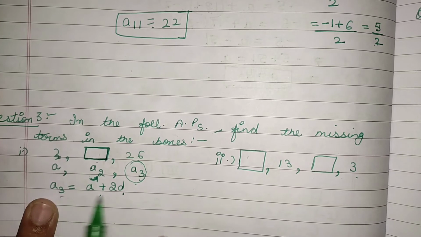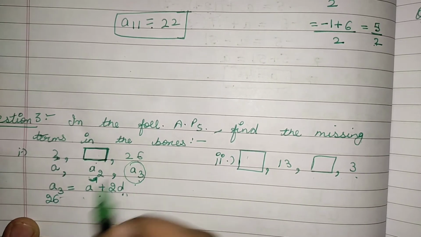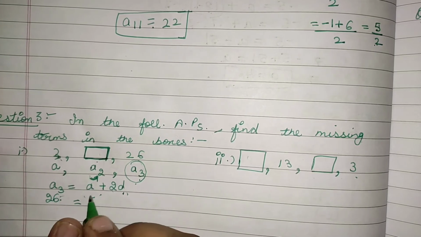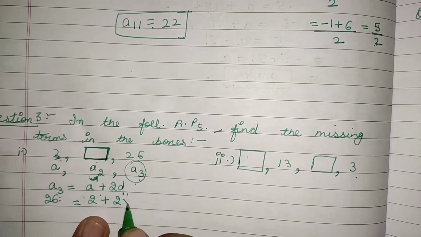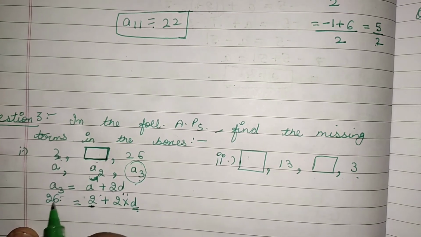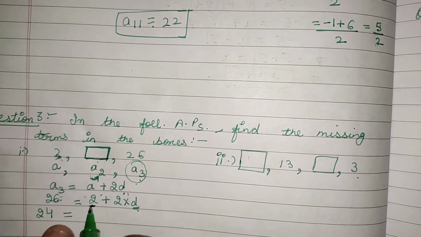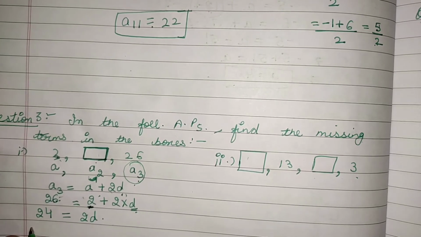For the third term, the formula is a plus 2d. I know the value of a3 is 26. a is 2, so 2 plus 2 into d, where d is the common difference. This 2 will go to this side, and it becomes 26 minus 2, which is 24, equal to 2d.